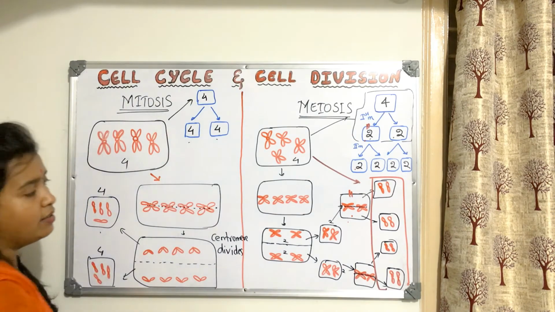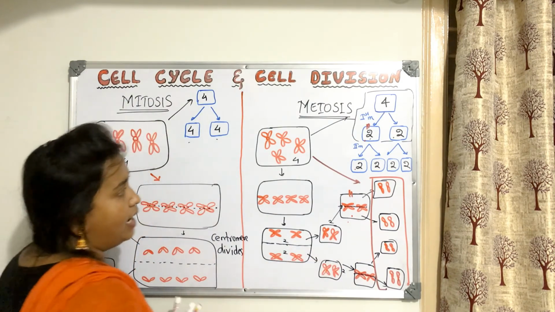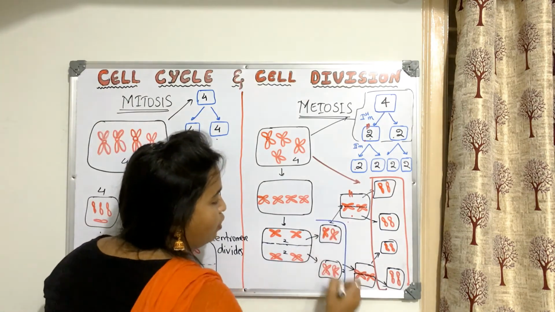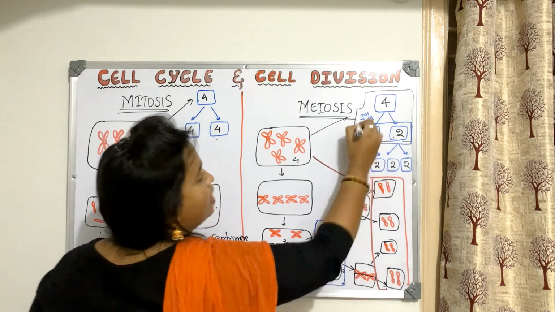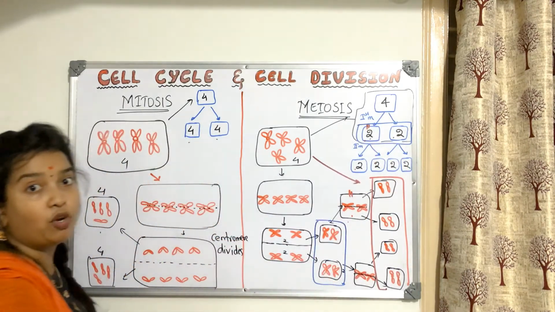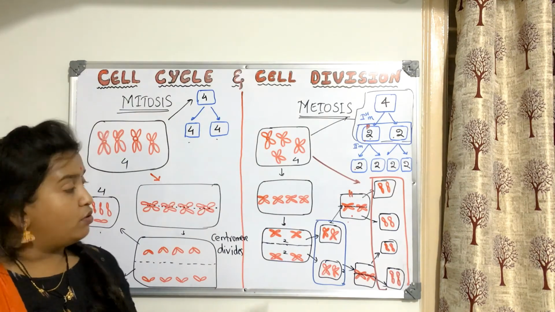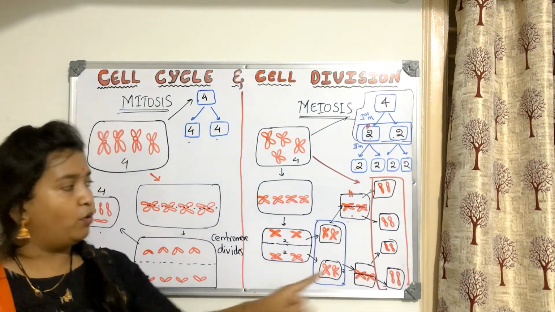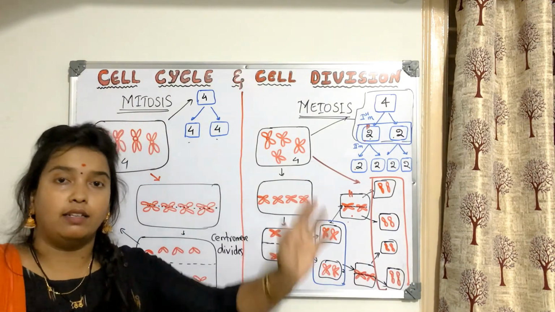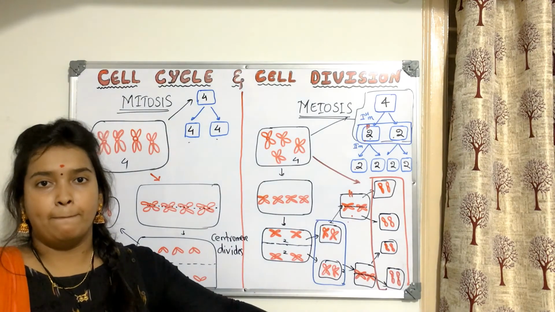So these 2 cells are those cells. Okay, I'll mark it. So these 2 cells are those which are produced here with 2 chromosomes, complete chromosomes. That is why students will have this confusion. So this is a complete chromosome. What about this? I told you already, there is a complete video done on this. So this is also a chromosome only.